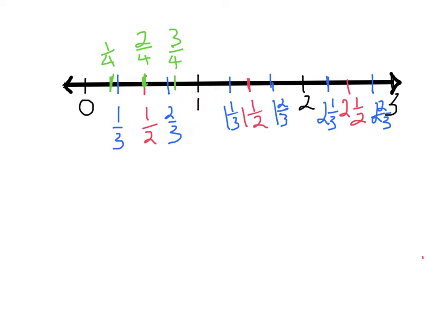And then after 1 whole, again, I'll divide that distance into fourths again. I've got 1 and 1/4. Here's 1 and 2/4, but usually we call that 1 and 1/2. And then here's 1 and 3/4.